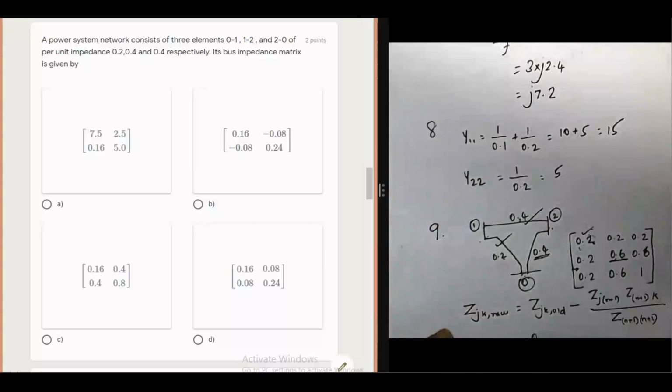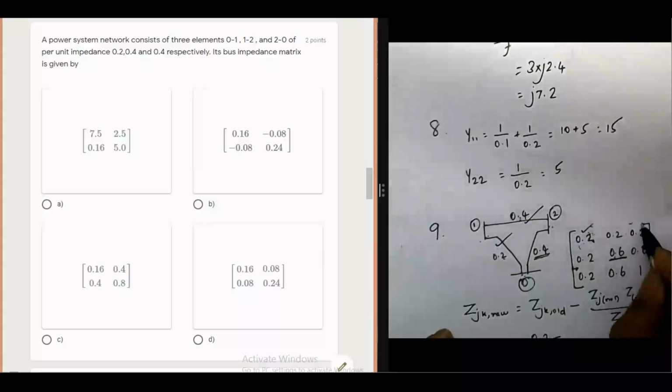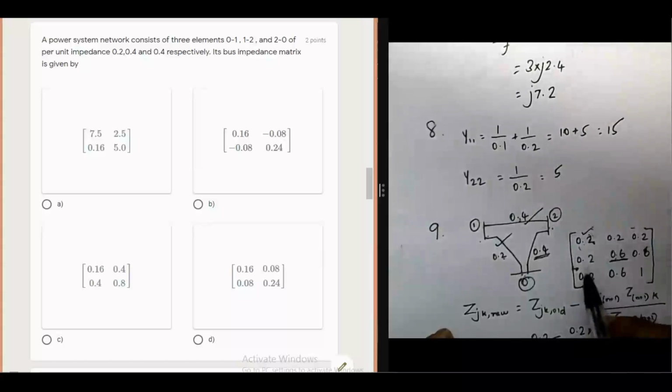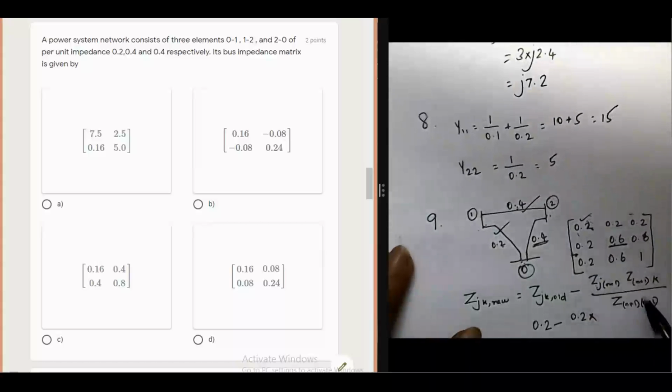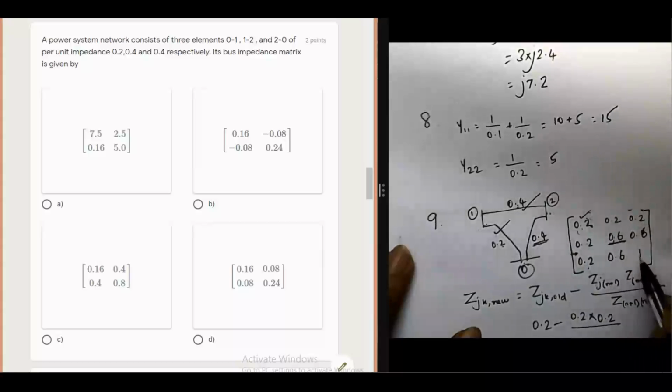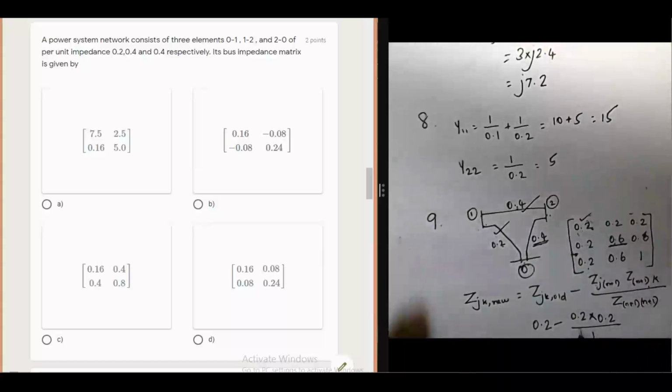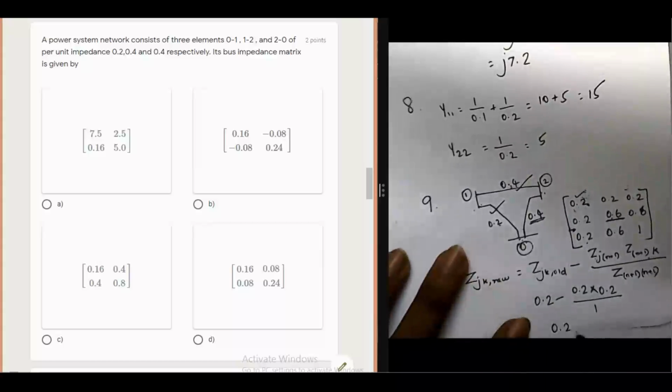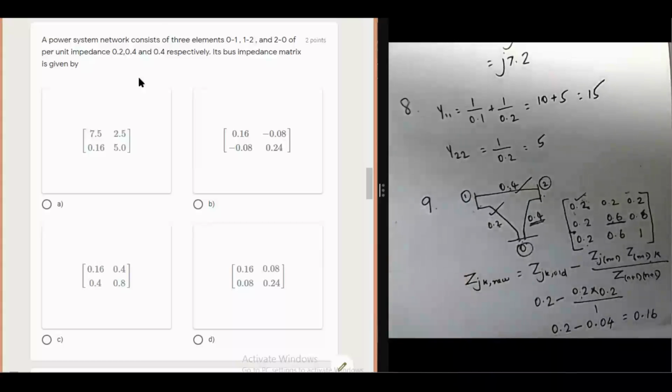This is the old value 0.2 minus Zj(n+1), that is 0.2, into Z(n+1)k, that is this one value, 0.2, divided by Z(n+1)(n+1), that is 1. Here 0.2 minus 0.2 into 0.2, that is 0.04, so the value is 0.16. The three options contain 0.16.